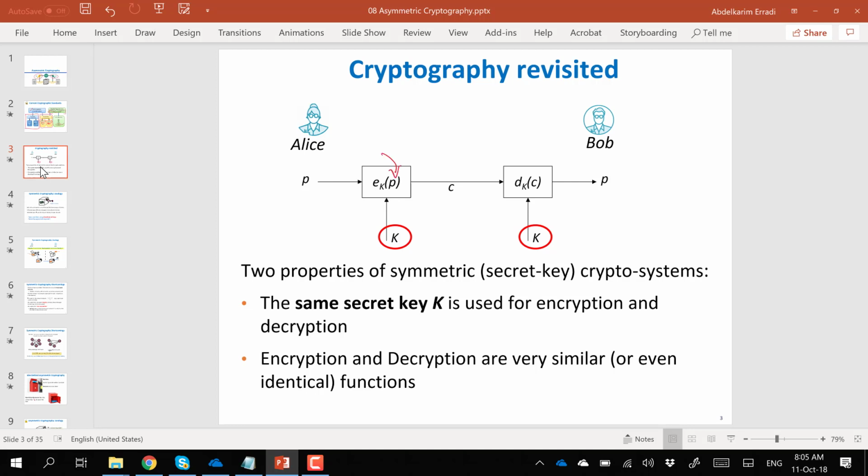So by encrypting the plaintext, sending it as a ciphertext through the insecure channel, the recipient will decrypt it to produce the plaintext. And the encryption and decryption use the same secret key. That's why we call it symmetric, because we have the same key. You see here, same picture, same key on both sides. Even the algorithms for encryption and decryption are very similar, sometimes identical.